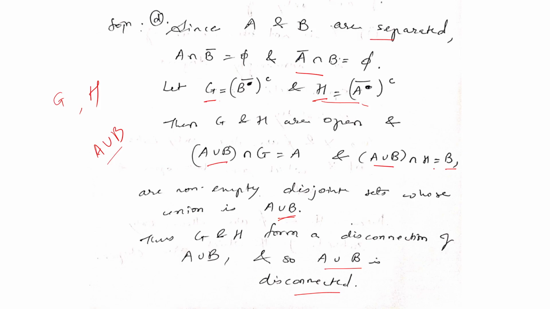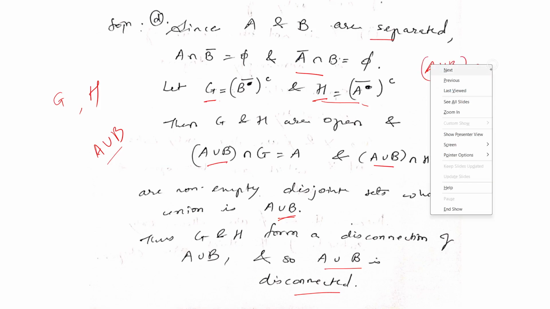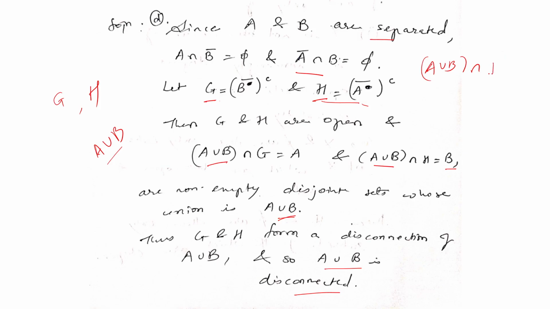So basically, how is A union B intersection G equal to A? Please explain. What is G? B closure's complement, right? So A intersection B closure's complement union B intersection B closure's complement. What will you get?